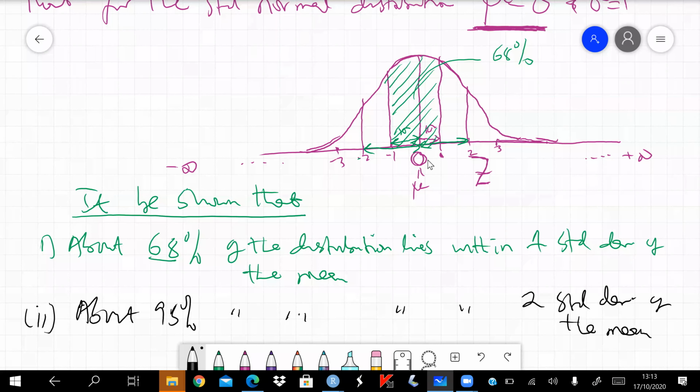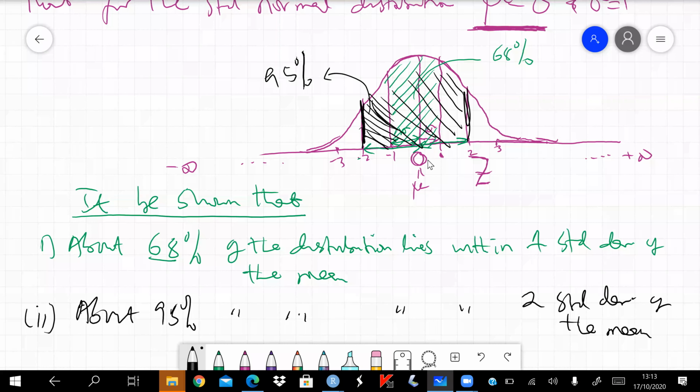So this is two standard deviations of the mean, from this point to this point. So we're saying this area here, that area there, the black one, is around 95%. So that means the unshaded part, the remaining part, is just 5%.